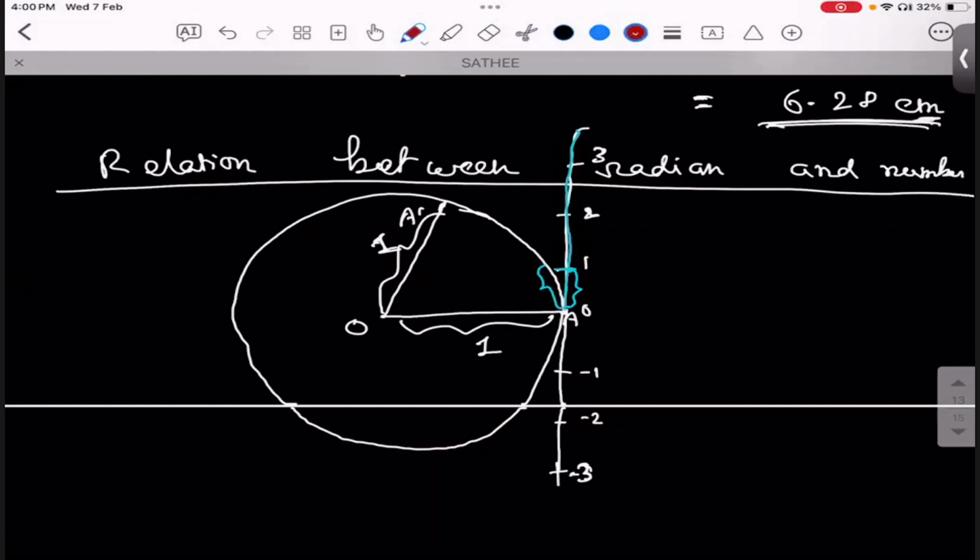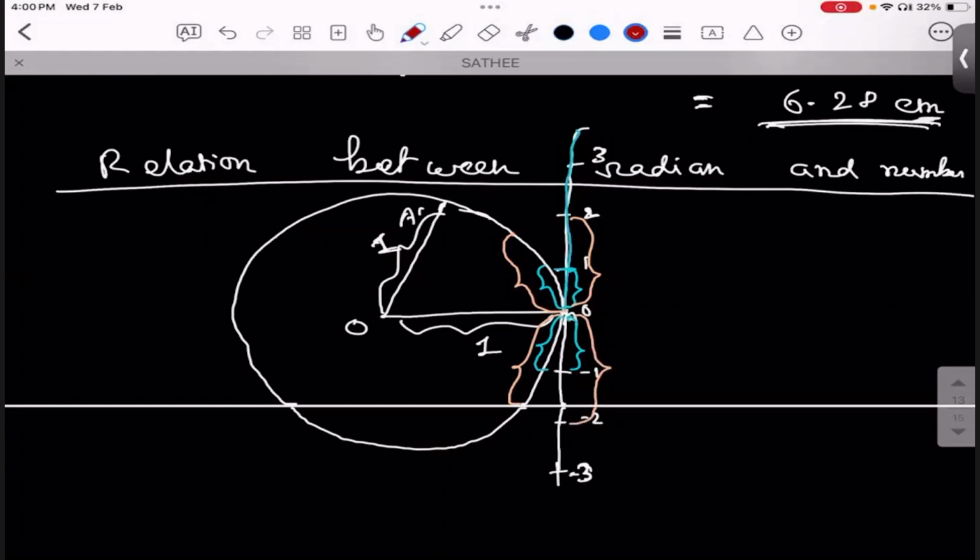What does this distance give us? This distance gives the arc length from here to here. Similarly, the arc length from here to here we can obtain from this length.